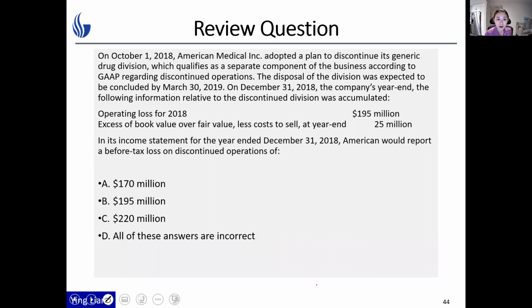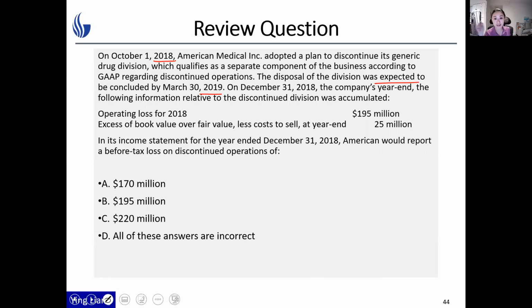Number 2, in this question, this medical company adopted a plan to discontinue its generic drug division, which qualifies as the separate component. So this qualifies as discontinued operations. The disposal of the division was expected to conclude by March 30th, 2019.